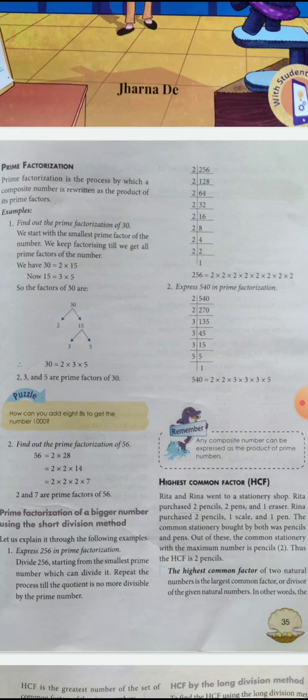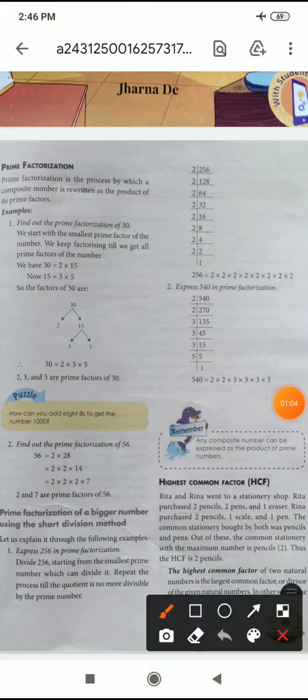So we arrange like this. 30 equals 2 multiply 15 and 15 equals 3 multiply 5. So 30 equals 2 multiply 3 multiply 5. 2, 3 and 5 are prime factors of 30.